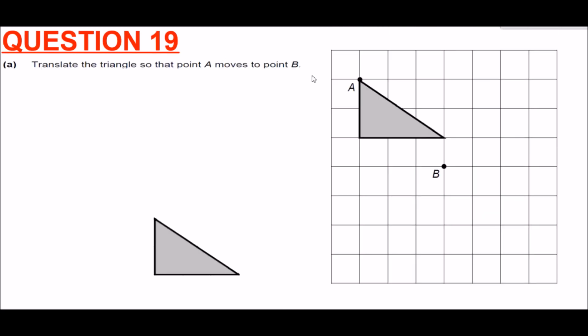And so point A is this top point of the triangle. So what's happened is it's just moved from here down to here. So the triangle would end up in this position. It's gone from A to B. So each point has moved 3 to the right and has gone 3 down.